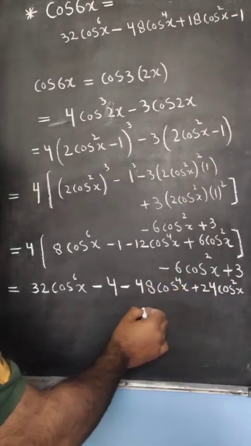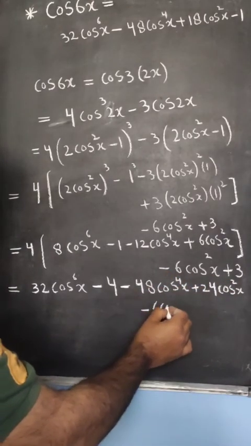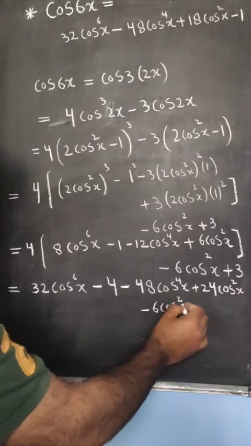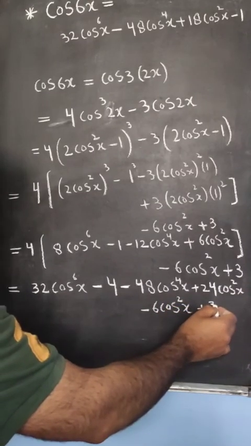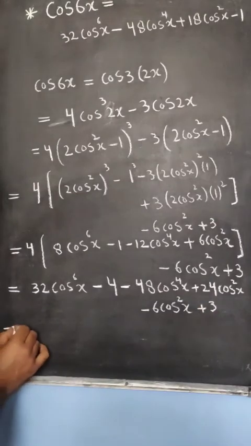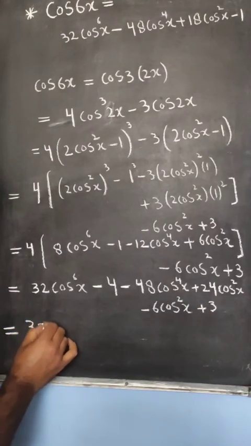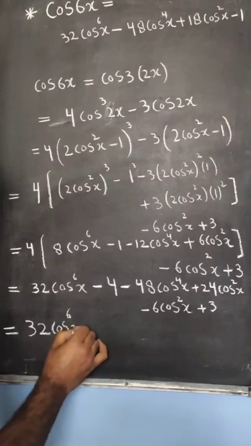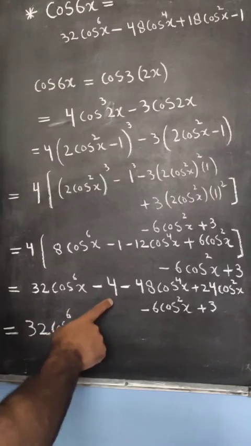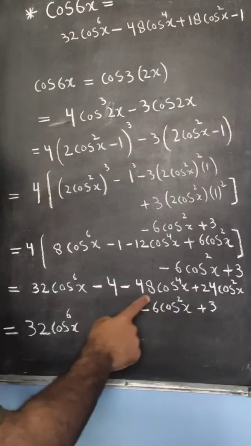Then we have this minus 6 cosine square x plus 3, which is equal to 32 cosine raised to power 6x. Now minus 4, leave it.